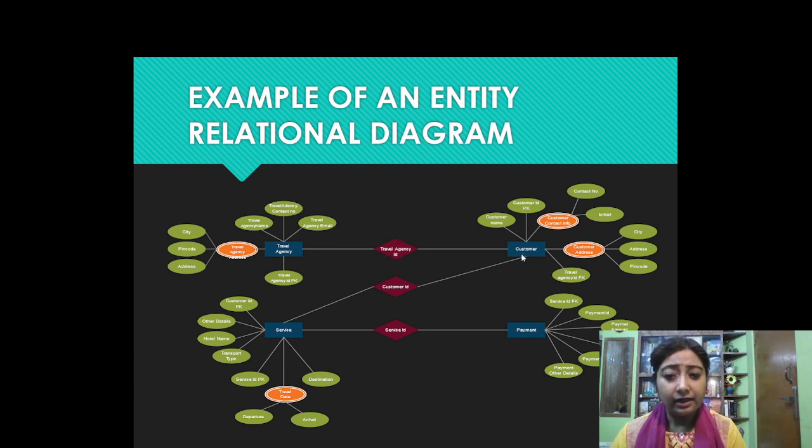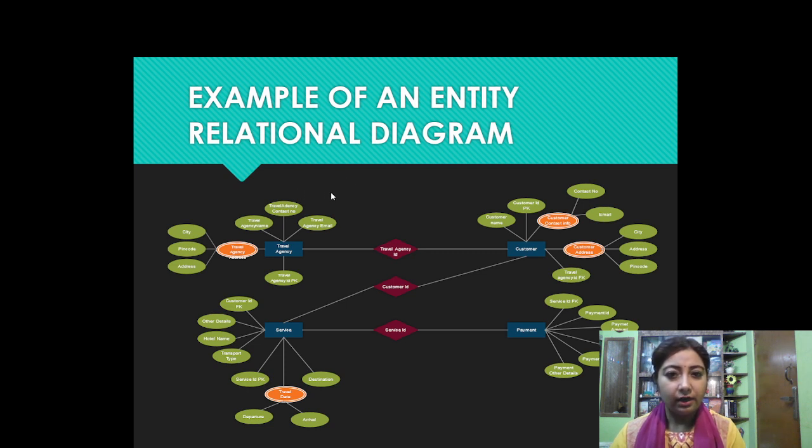In the same way, customer is related with service by using the customer ID. Then service and payment are related to each other by using the service ID. So these are the relationships, the entities as well as the attributes. This is an instance I have given to show the ER diagram, and based on this type of ER diagram, we can make the tables, and that is the mapping concept we are going to discuss today.